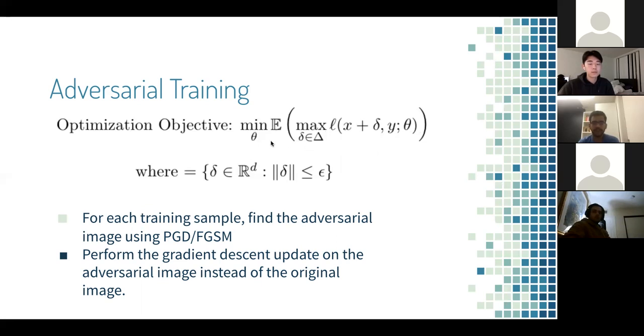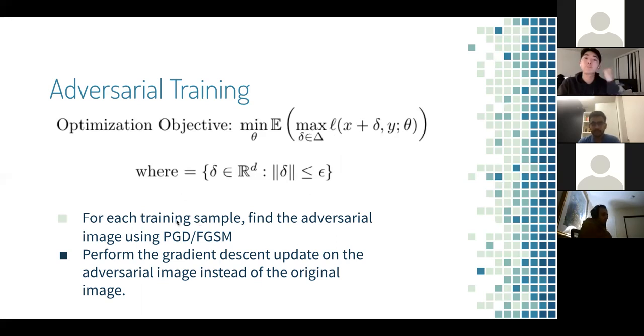And so you, as someone who's deploying the machine learning model, will want to minimize the maximum damage an attacker can do. Once again, subject to the constraint that delta is not more than plus or minus epsilon for any pixel, because you know that an attacker is not going to try to trick you with wildly different inputs. He's going to try to corrupt your image in a very small way.